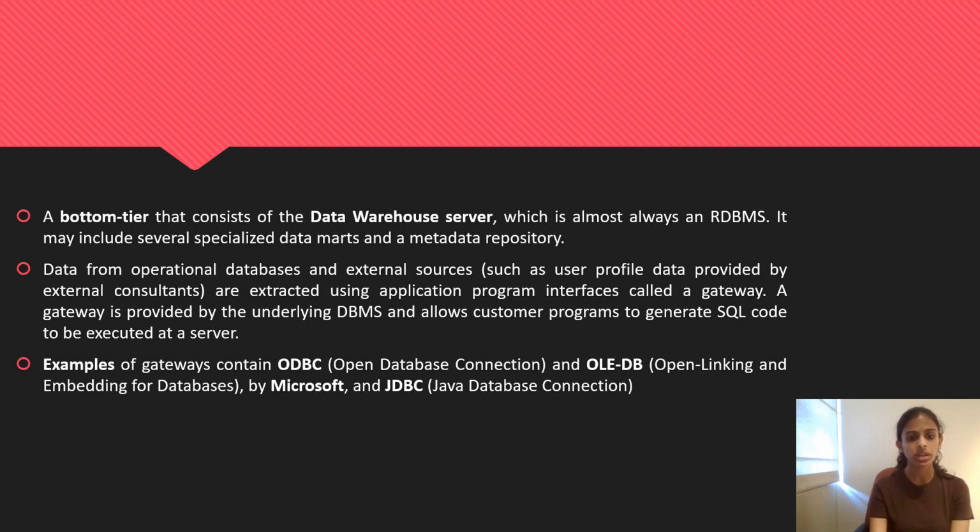Data from operational databases and external sources are extracted using application program interfaces called gateways. A gateway is provided by the underlying DBMS and allows client programs to generate SQL code to be executed at a server. Examples of gateways are ODBC, Open Database Connectivity, and OLE DB, Object Linking and Embedding for Databases, by Microsoft, and JDBC, Java Database Connectivity.